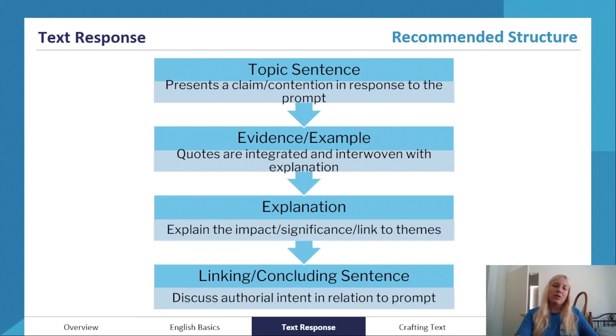Okay, so your analysis is all about explaining the impact or significance of a quote, linking it to themes, views and values, messages, and finishing your paragraph with a concluding sentence that gives the overall authorial intent, the author's message in relation to the argument you stated in your topic sentence for that body paragraph.